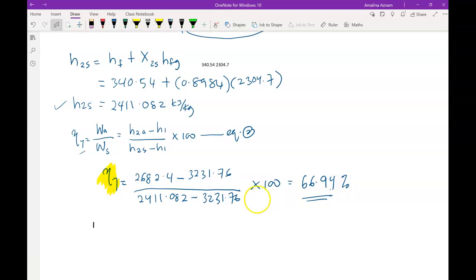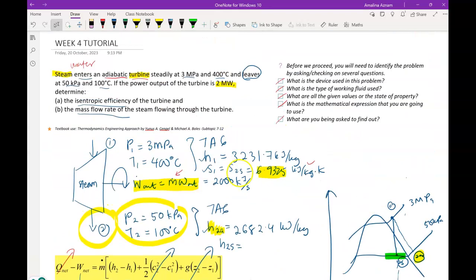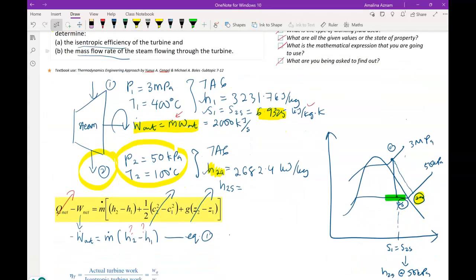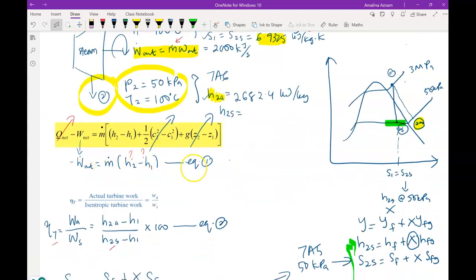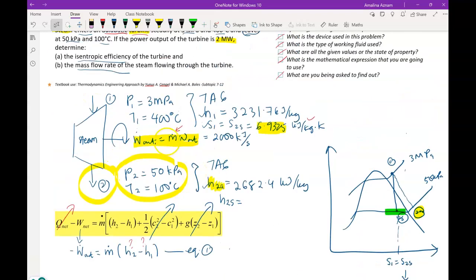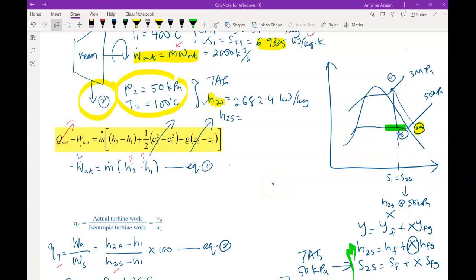So next, we haven't finished yet because we need to proceed to the next part where you need to find your mass flow rate. So again, we have another equation over here, and also this right over here. It's already given, so it is best if we make use of equation 1 instead of the above one. So let's rewrite negative 2000 kilojoule per second is equal to m dot, the one you are going to look for.